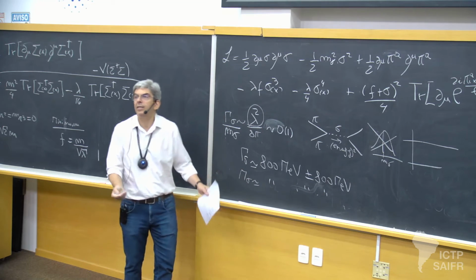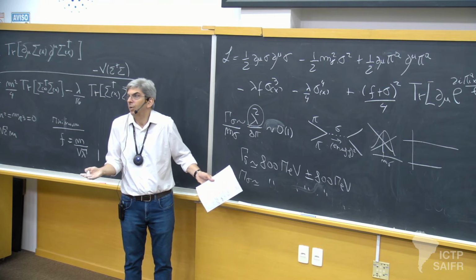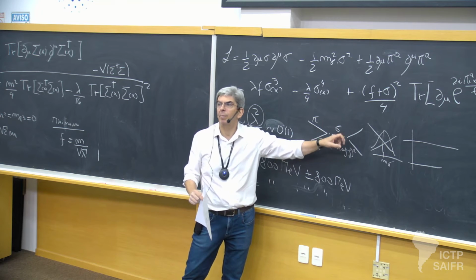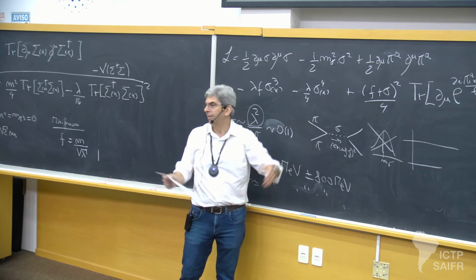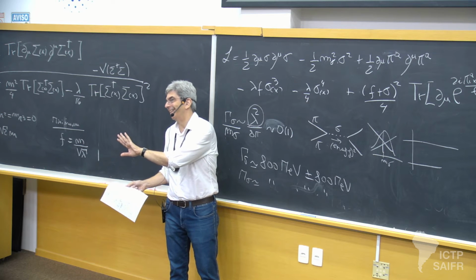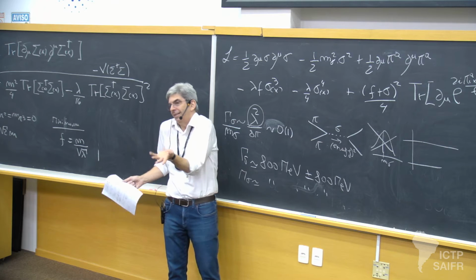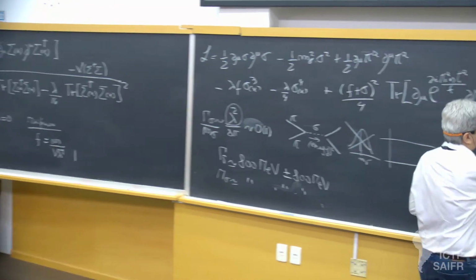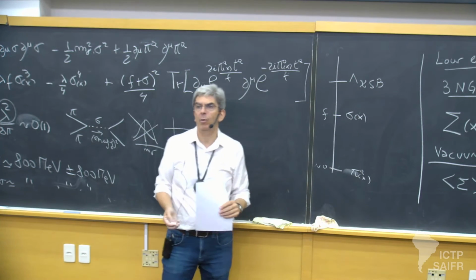So is this a particle, or is it just the strength of the interaction between pions? The important thing is that what we know about the sigma is that it's quite heavy compared to the pions, quite heavy.